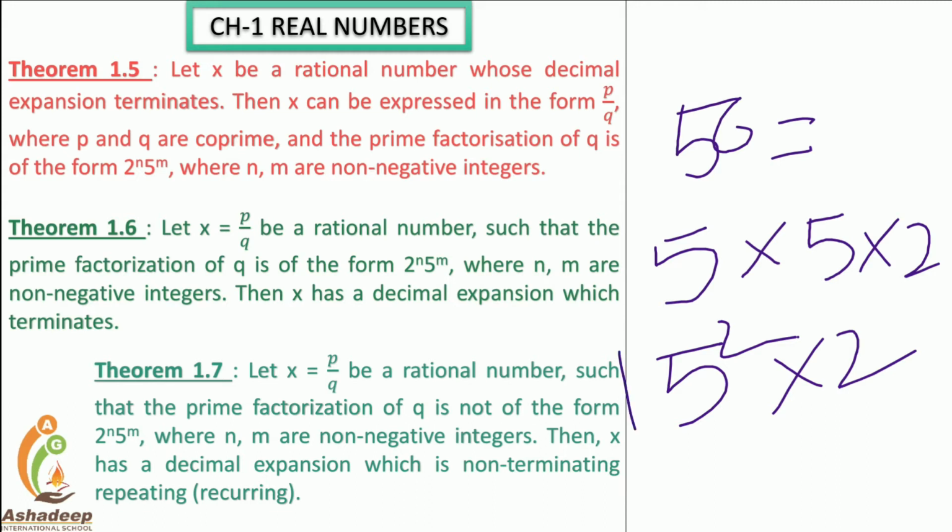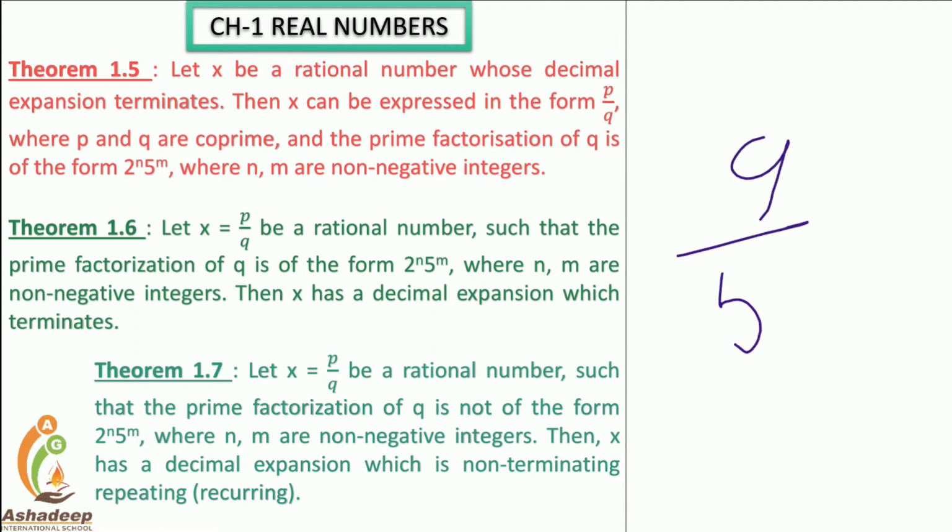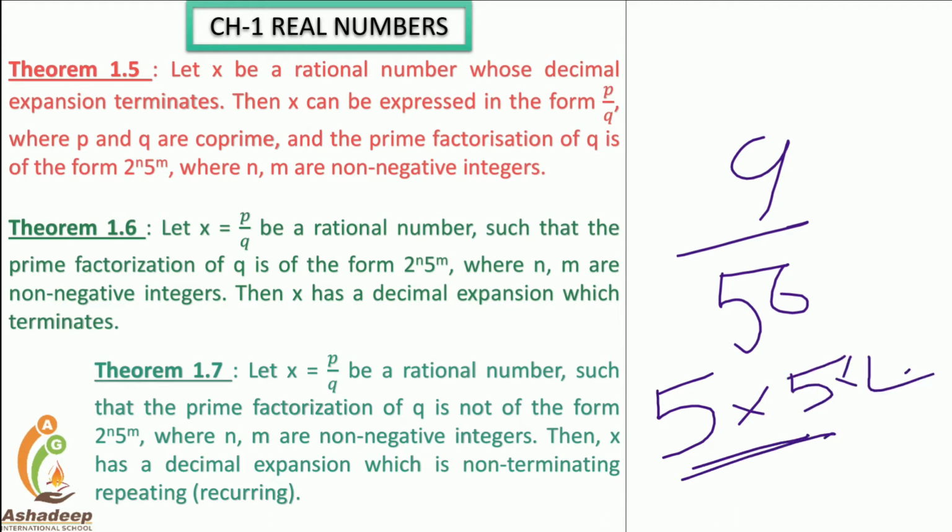The denominator is in the form of 5 and 2 only. Our question is 9 divided by 50. To make this sum easy, there are two 5s and one 2, so you need to multiply by one more 2 to make the number of 5s and 2s equal.